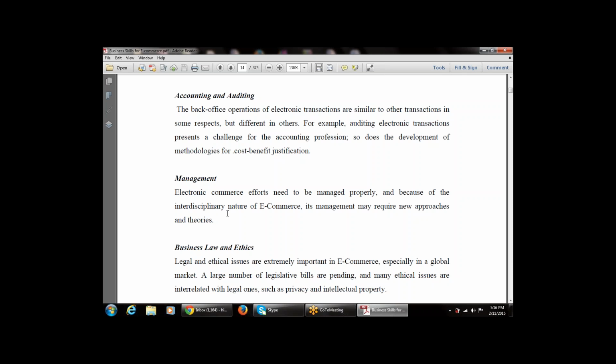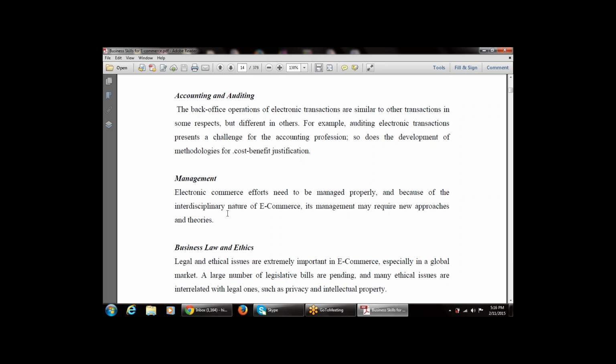Because of the interdisciplinary nature of e-commerce, its management may require new approaches and theories. So whenever we use e-commerce, there are new theories, new approaches, and new methods available, right?